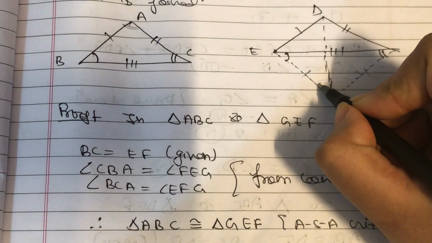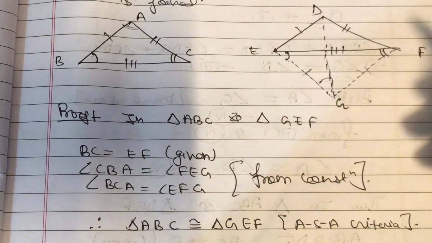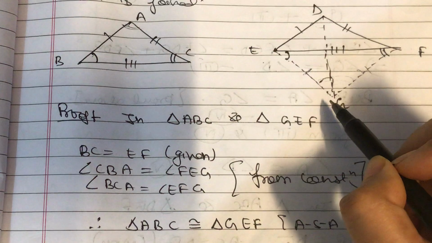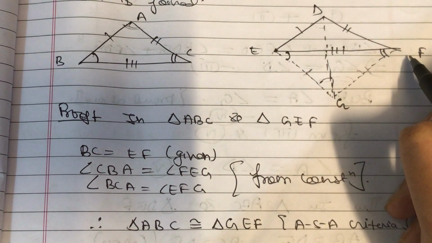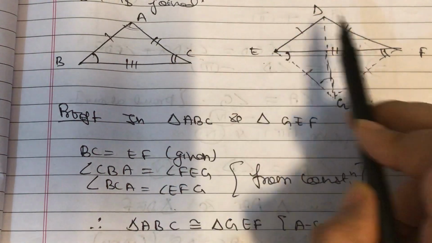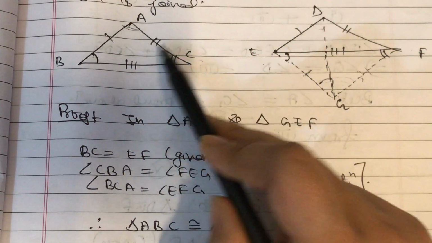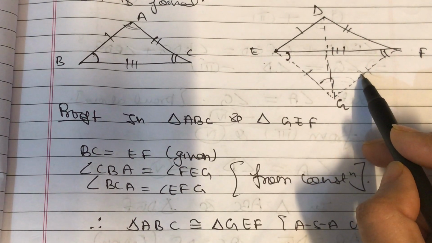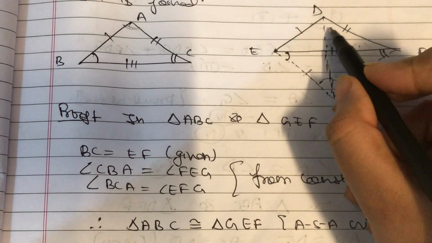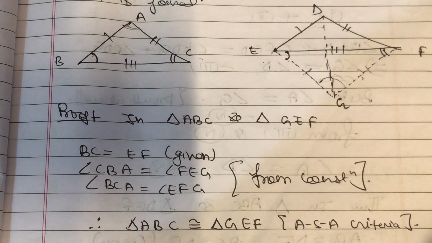So I can say that this angle is equal to this angle, isosceles triangle property. Similarly in triangle DGF, this side is equal to this side, why? Because this is equal to this, given in the question, and this equal to this, just now I have proved, CPCT. So I can say that this angle is equal to this angle, right?